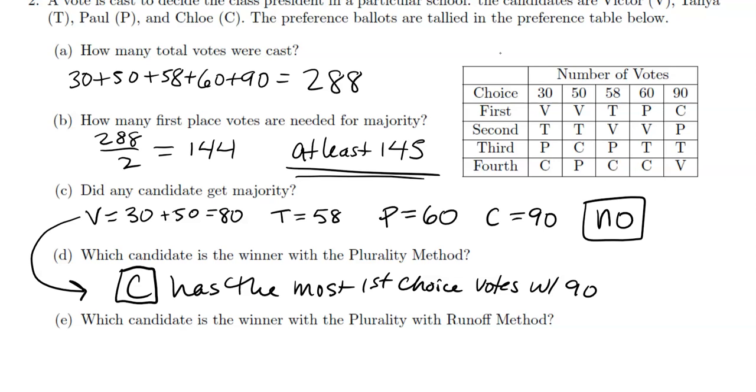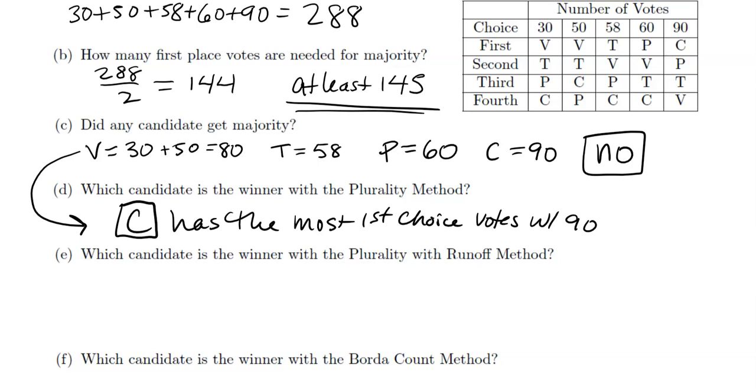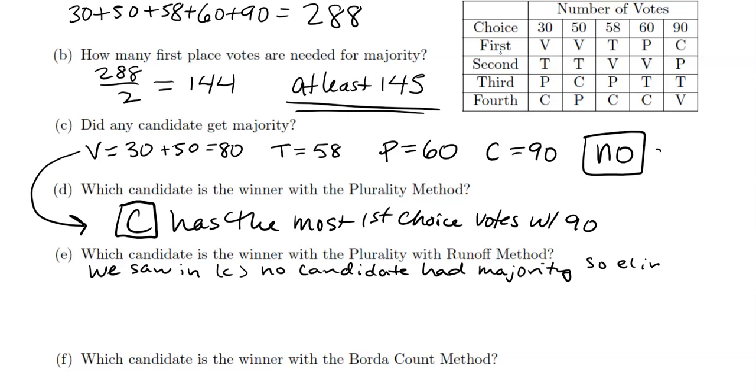What we look at next is plurality with runoff. Remember, with plurality with runoff, we first check if anyone automatically wins in the beginning because of having a majority. But we already answered that no candidate had a majority. So we eliminate all but the top 2.